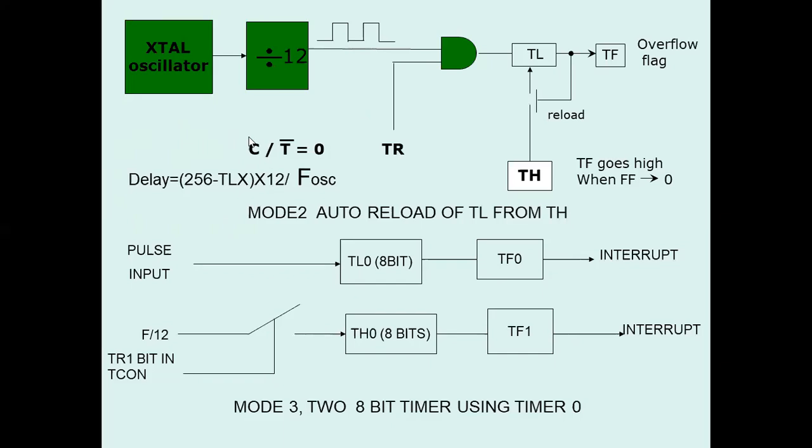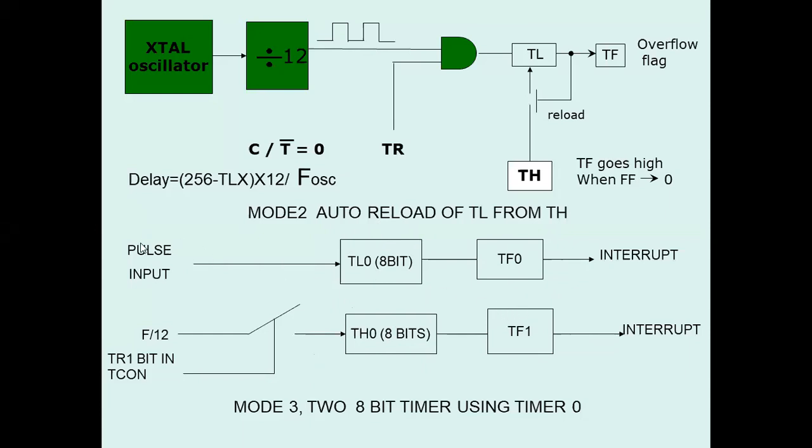And in mode 3, we can see that TL0 and TH0, that means timer 0, is used for the timing or counter purpose. Whenever TL0 is used, it is used as timer 0 and TH0 is used as timer 1. Why, sir?